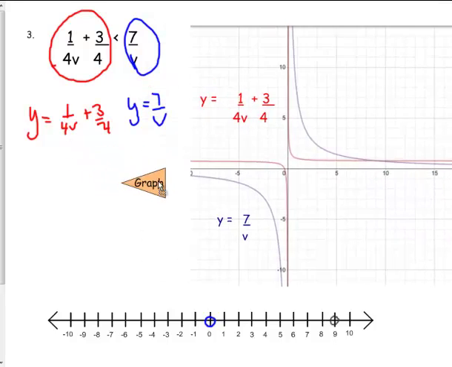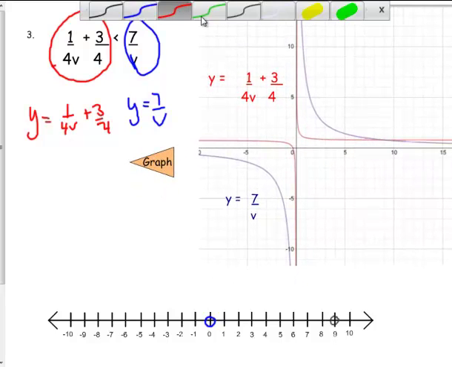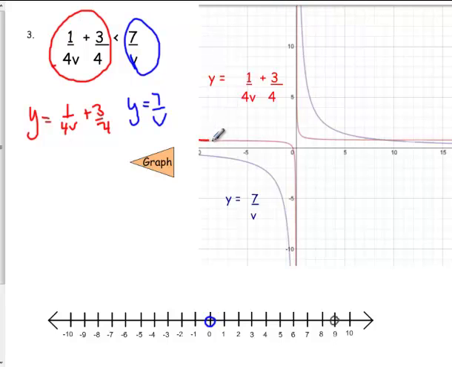All right, here's my graph. Okay, so here's my red graph.